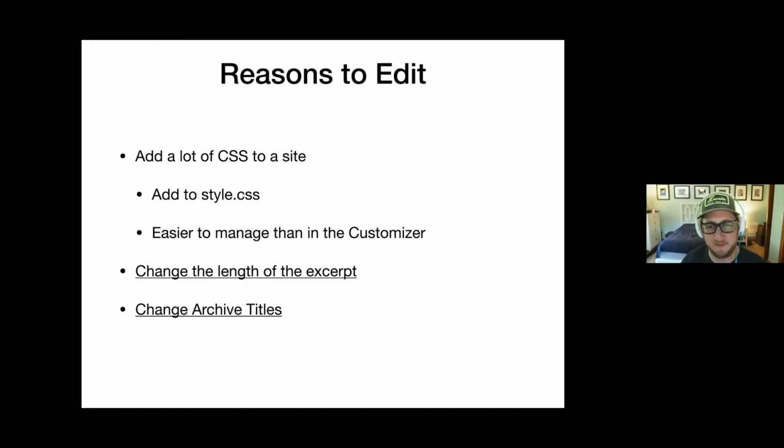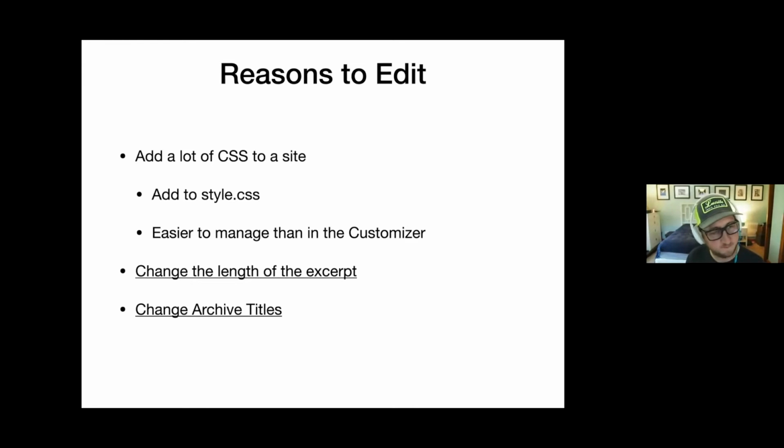It might be easier to move that stuff to a CSS file, and there are performance reasons for that too, but we won't get too much into that. So you can add that to the style.css file, which could be a little easier to use than working in a separate text file.